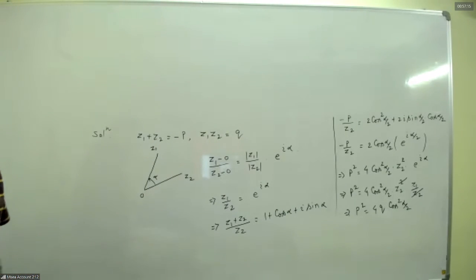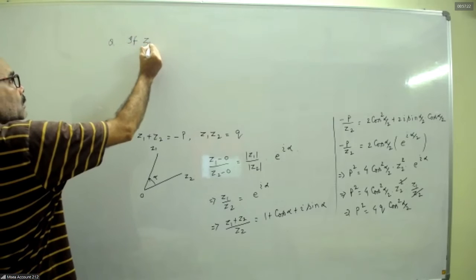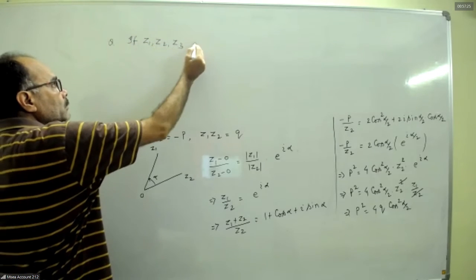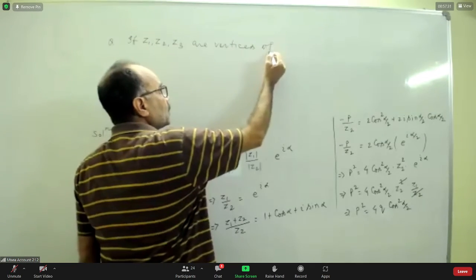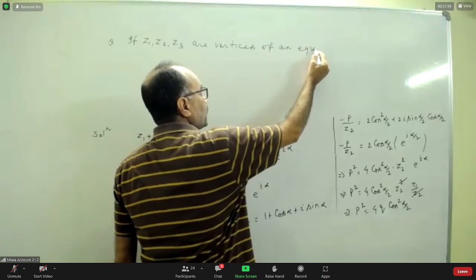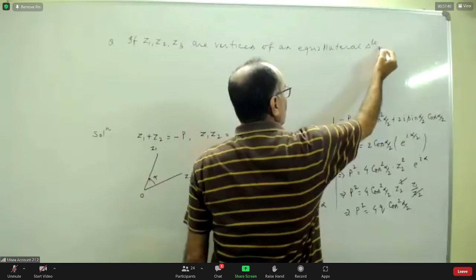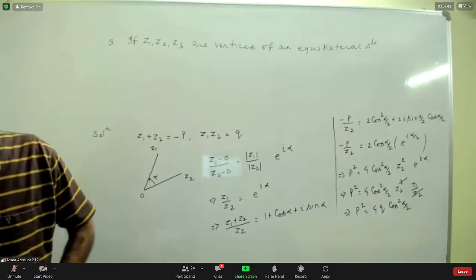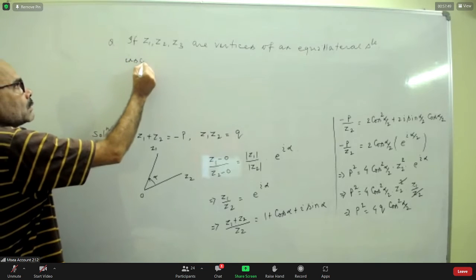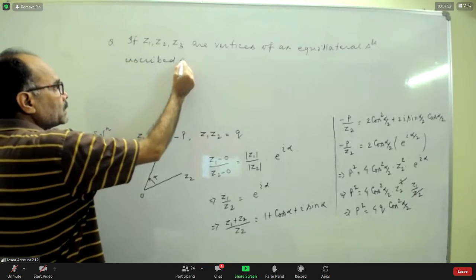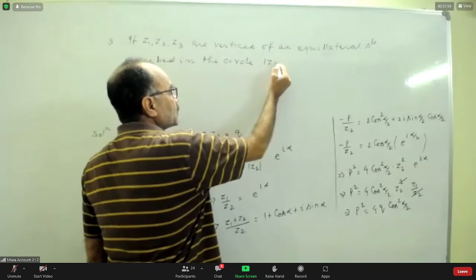Now, if Z1, Z2, Z3 are vertices of an equilateral triangle inscribed in the circle mod Z equal to 2.